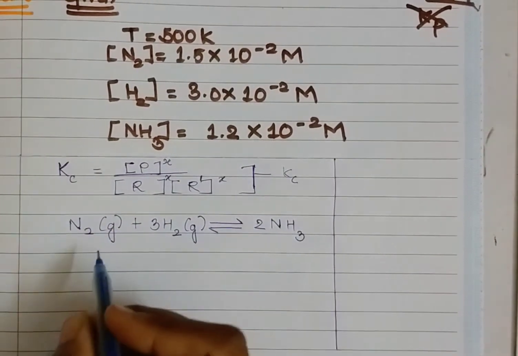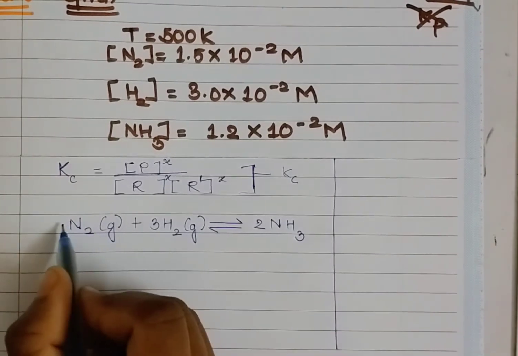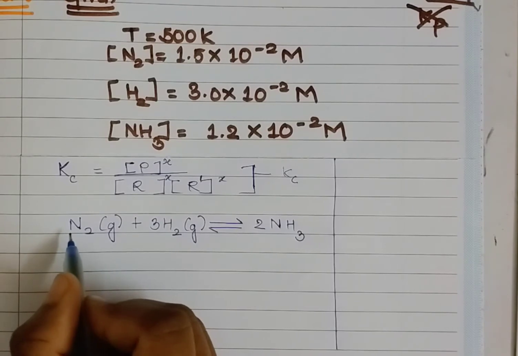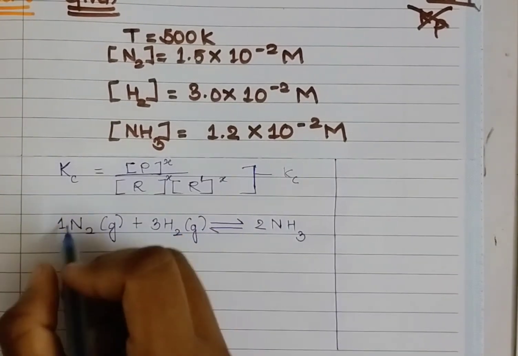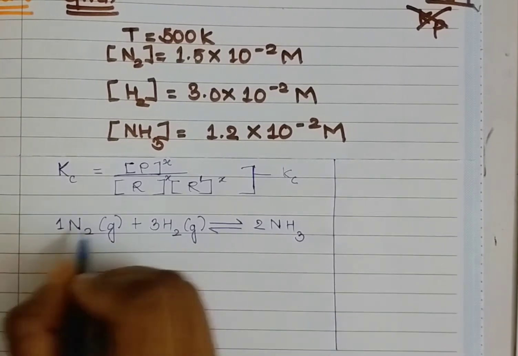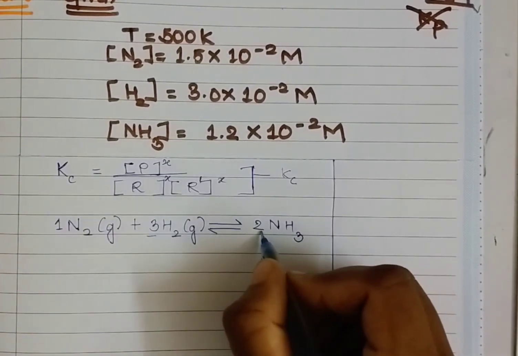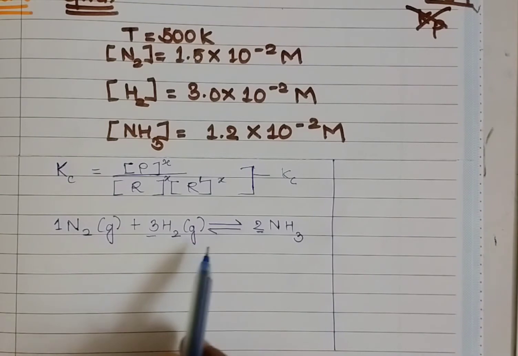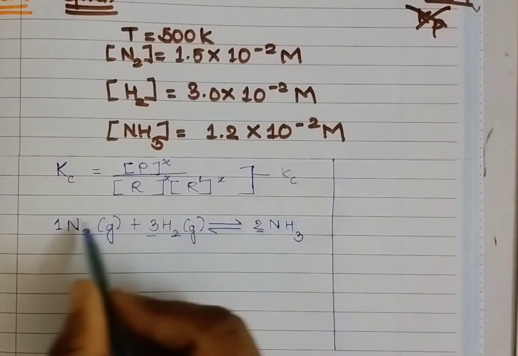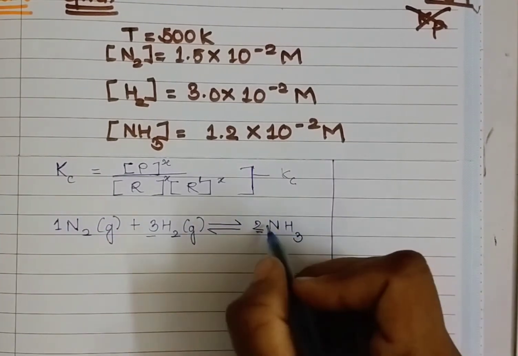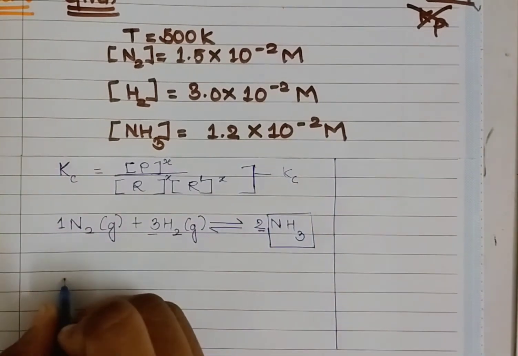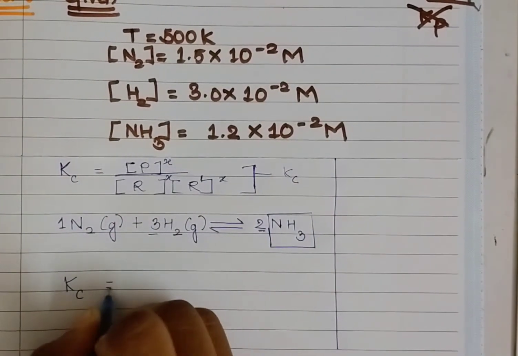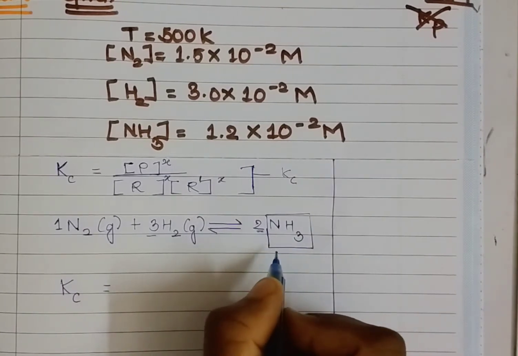Now from here, is there any coefficient with N2? No. No coefficient means 1, okay? 1 is a coefficient, so we don't need to write 1. Here 3 and here 2. So what is the product? This one, right? This is the product. So let's write the formula of Kc again. Kc is equal to the concentration of product.